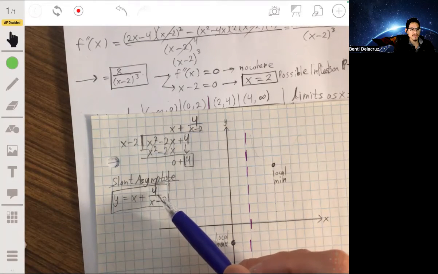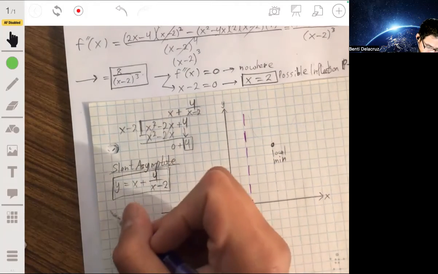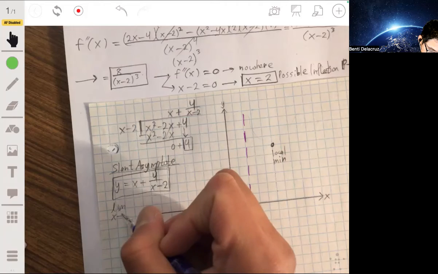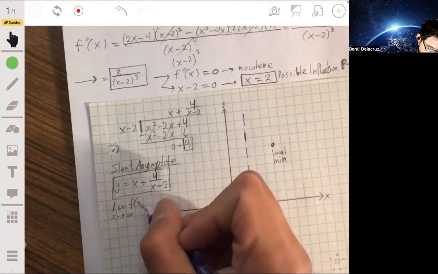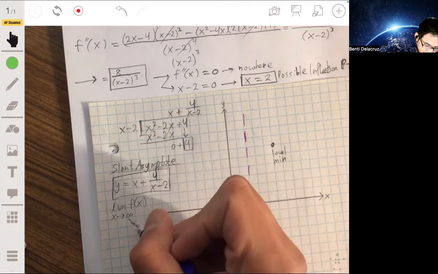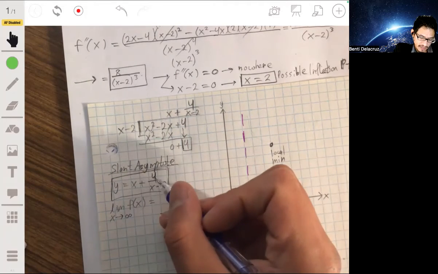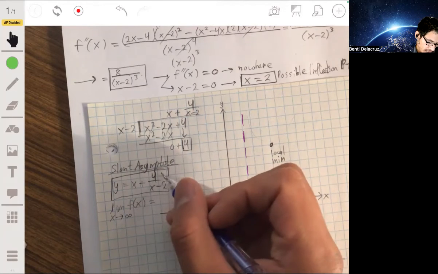But having this form makes it much easier, because when you take the limit as x goes to infinity of this function, let's say positive or negative infinity, you're basically just going to get x plus 4 over 0. This will just be plus 0. This will go away.